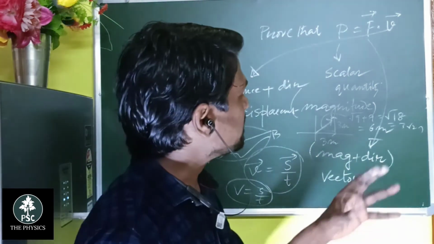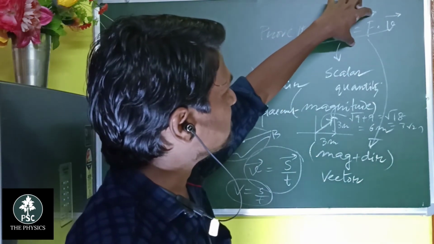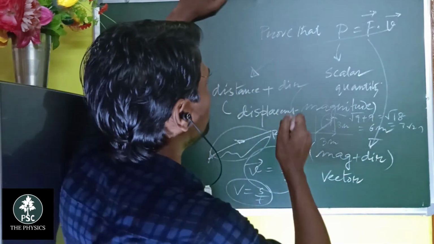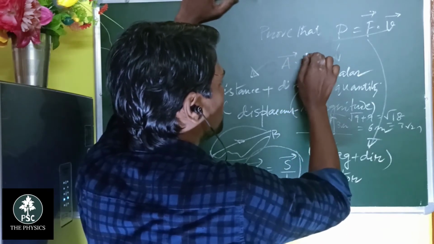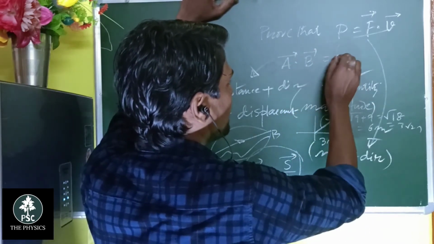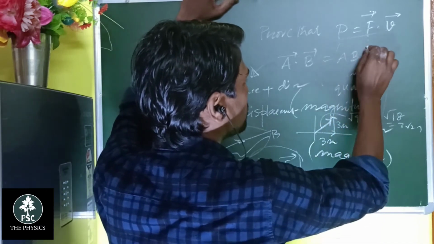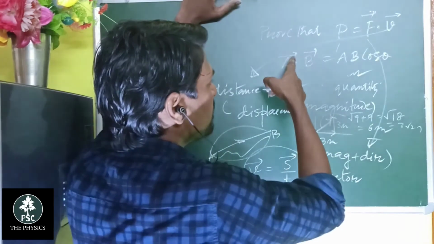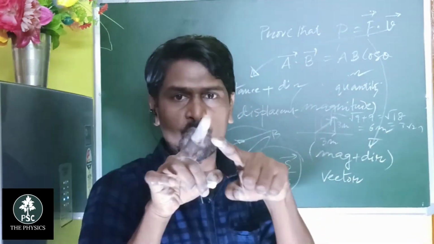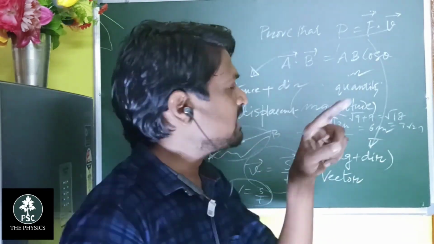So for that you have to remember the particular formula, that is vector A dot vector B is equal to AB cos theta, where A and B are scalars. When there is an arrow over it, then it is a vector.